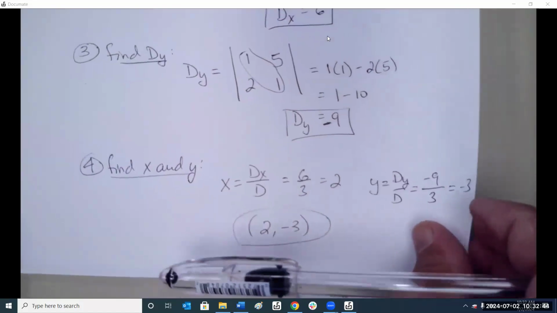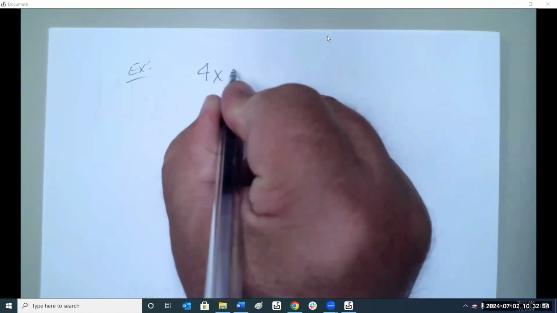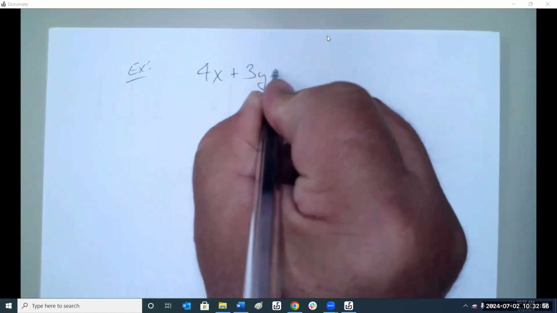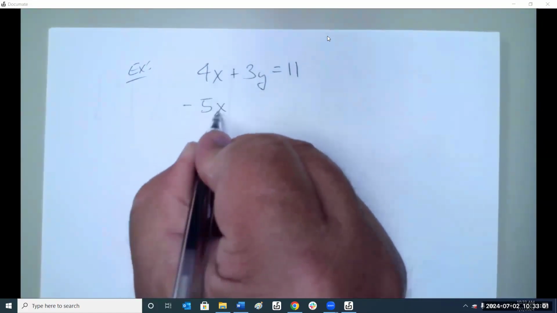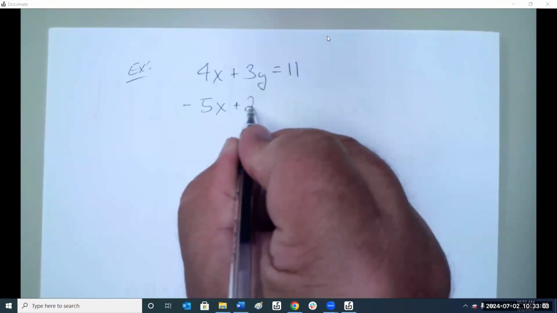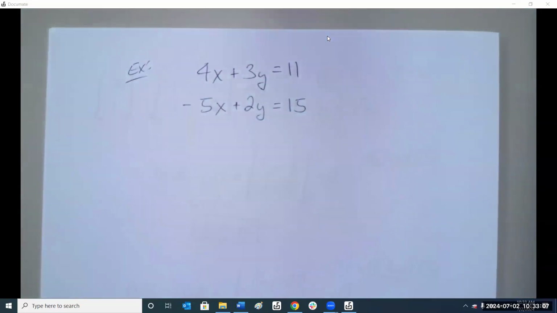Let's do another one. 4x plus 3y equals 11. Negative 5x plus 2y equals 15. The beautiful thing about this is there aren't any fractions.